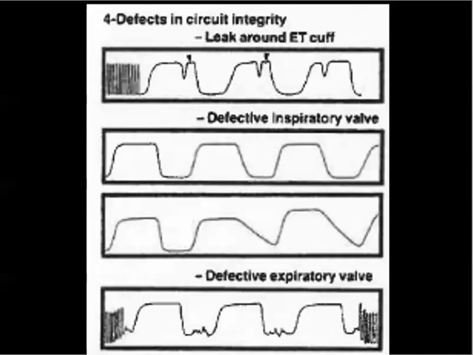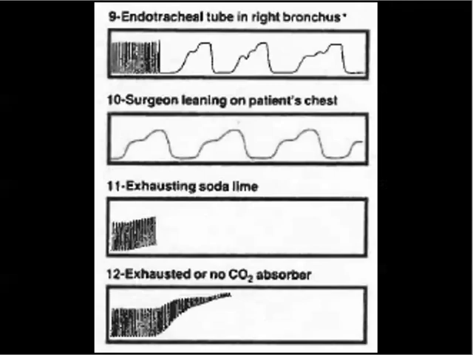So if you get anything out of the capnogram example, this would be the stuff to remember, in particular the difference between what the capnogram of the inspiratory valve looks like versus the expiratory valve problem. Endotracheal tube, right main stem, certainly in the patient chest is a good one.